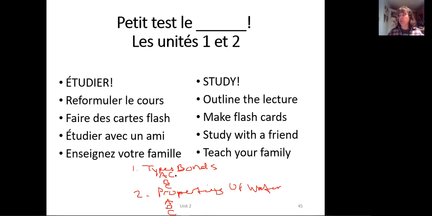What do we have? Covalent, ionic, and hydrogen. But underneath covalent, I'm going to go over here. We had polar and nonpolar. So just the act of writing out your lesson will help you study.